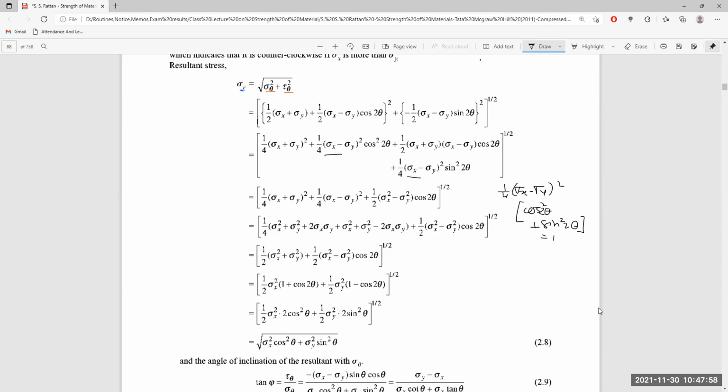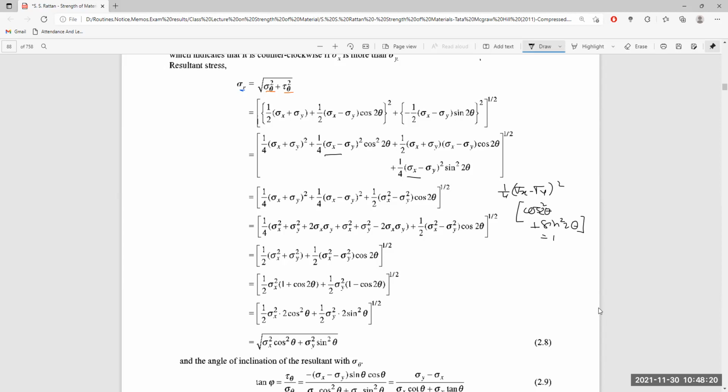So what we have is 1/4 (sigma x plus sigma y) whole square plus 1/4 (sigma x minus sigma y) whole square plus half (sigma x square minus sigma y square) cos 2 theta. Next, if we simplify further, what will happen? This 1/4 (sigma x plus sigma y) whole square is sigma x square plus sigma y square plus 2 sigma x sigma y.